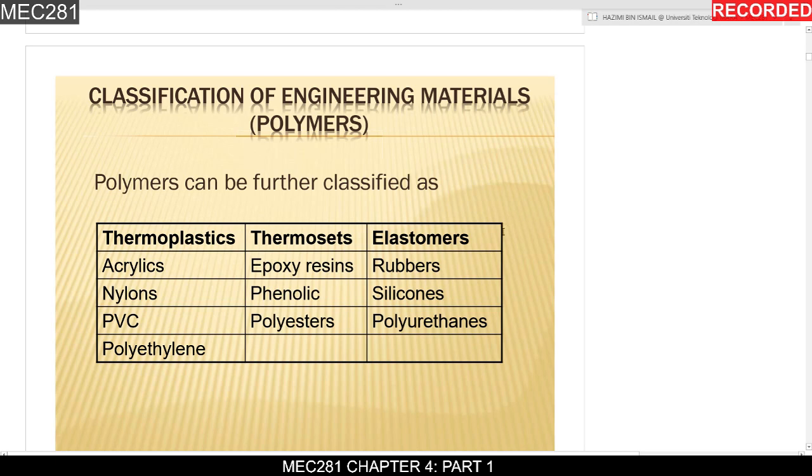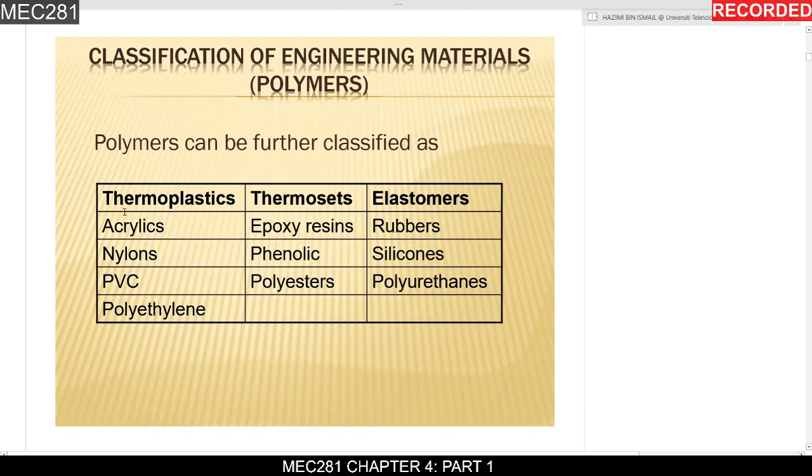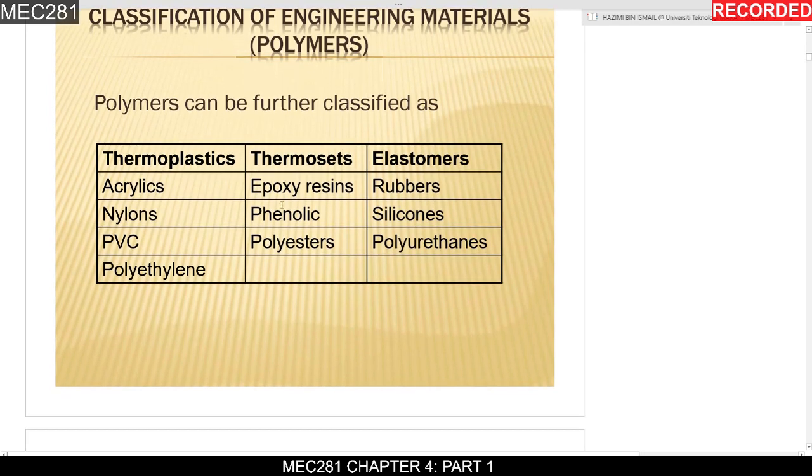So basically most of you already know the basics about polymers. Okay, for the thermoplastics, some examples are acrylics, nylon, PVC and polyethylene, and thermosets are epoxy resin, phenolic and polyester, and for the elastomers, there are rubbers, silicones and polyurethanes.